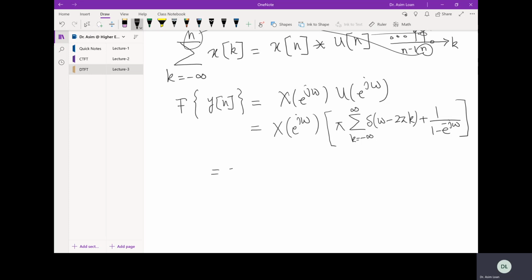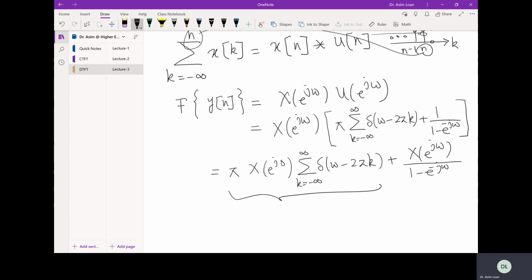Or this is equal to π x of e^j0 times the summation k equals minus infinity to plus infinity of δ of ω minus 2πk, plus x of e^jω divided by 1 minus e^{−jω}. And this part over here corresponds to the DC or average value. Okay.